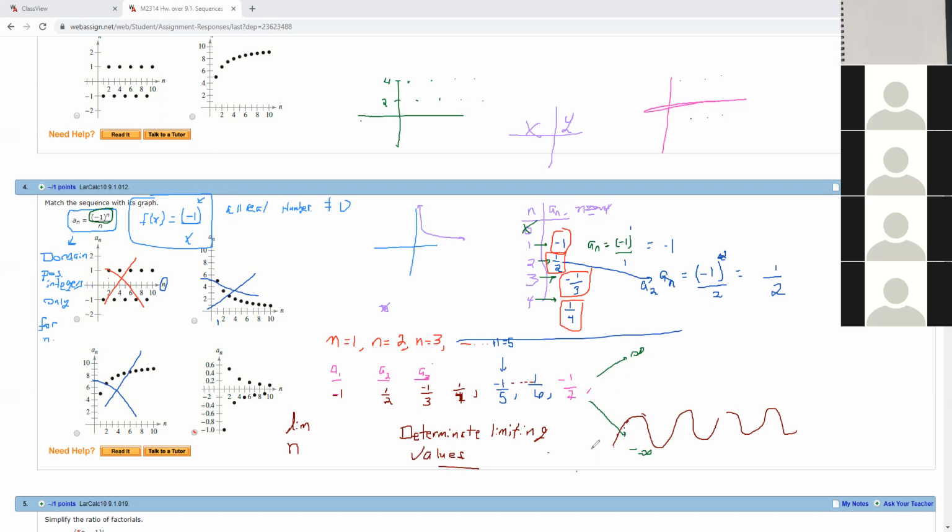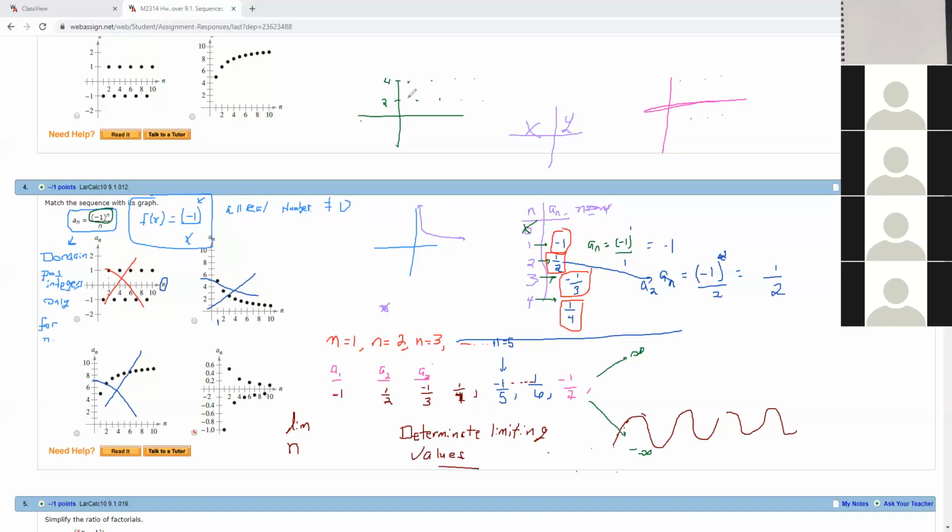Alternating, that's another type where the limit does not exist. It would be any of these kinds up here, where they're alternating. This is alternating positive, negative, but they're not getting closer to anything. They're just staying up here and staying down here, and they're not merging towards any common number.